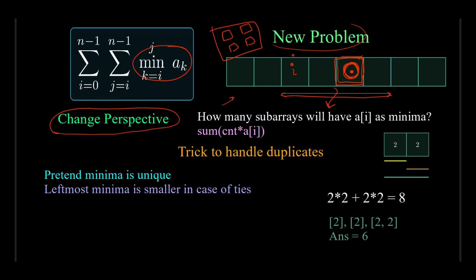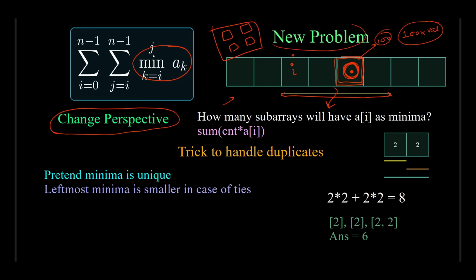If there are 100 subarrays in which this value was the minimum element, then of course this element has contributed 100 times its value to the final sum. This is what is known as the contribution technique. You pick an index and then add its contribution to the final sum in one go.